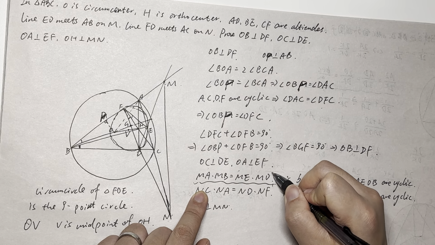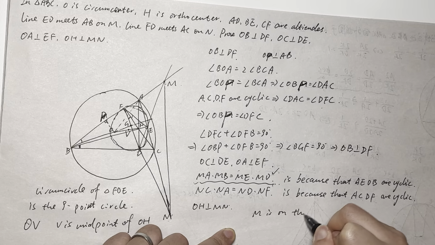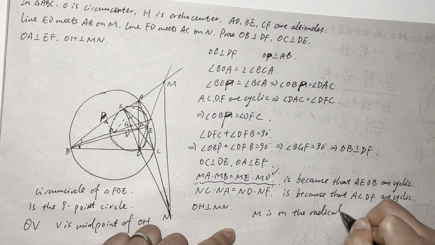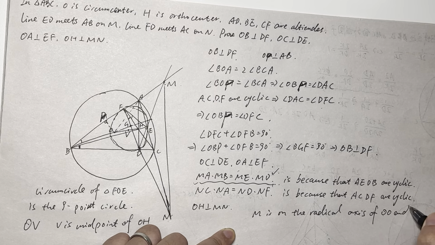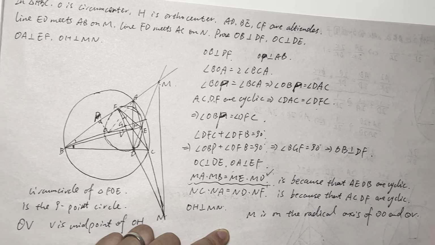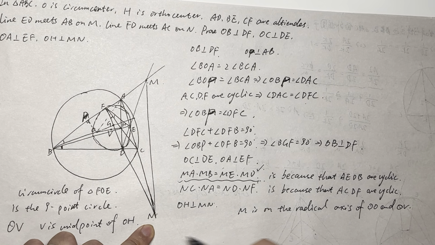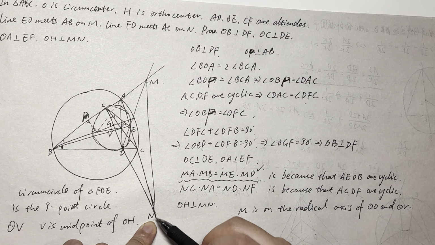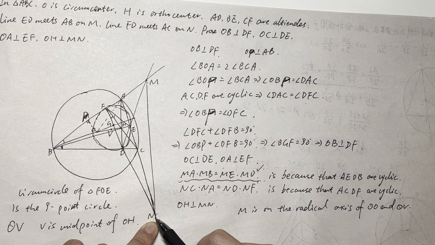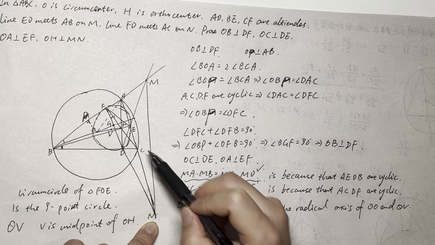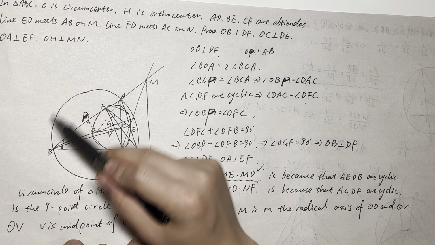So this is true. Means that M is on the radical axis of circle O and circle V, right? And for point N, NC times NA is actually the power of point N to the circle O, right?